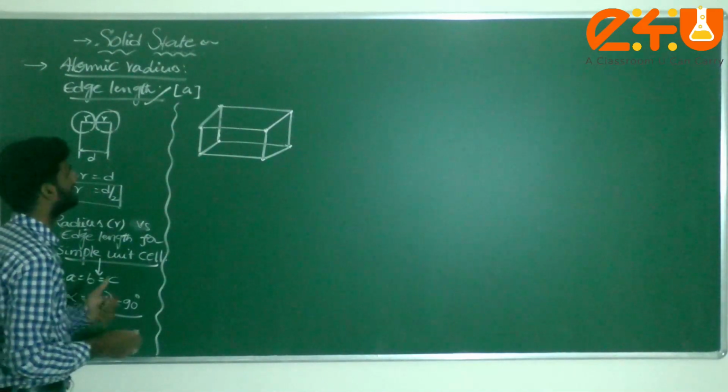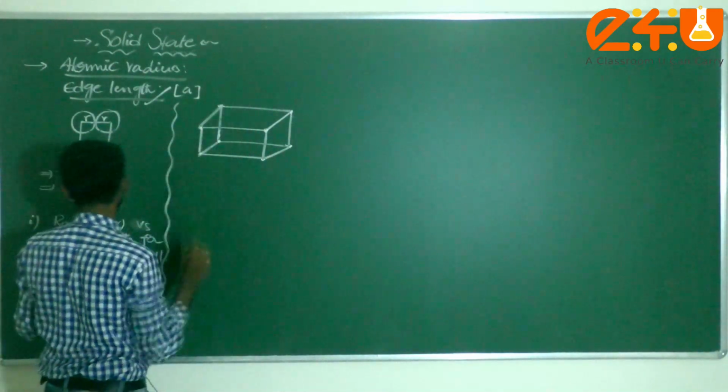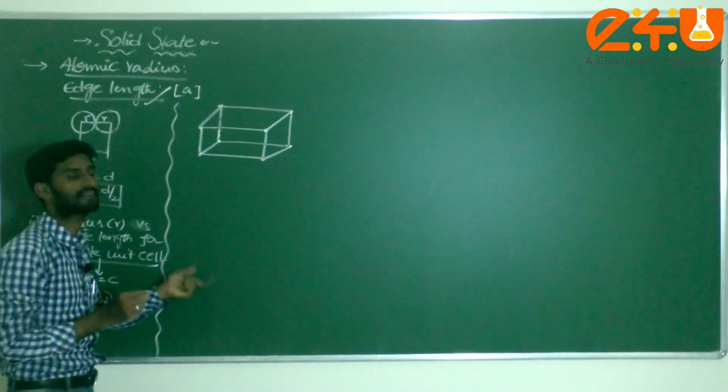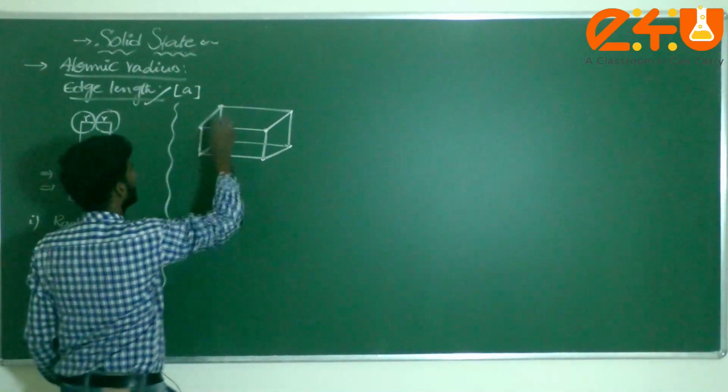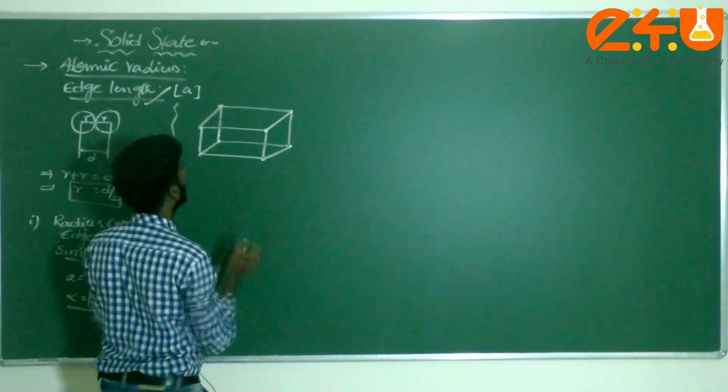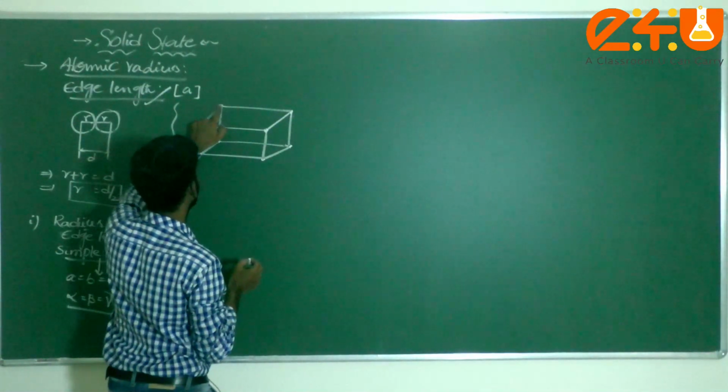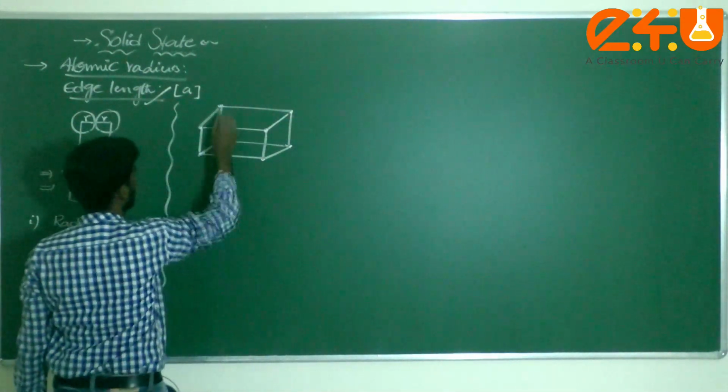All the atoms are present only at the corners. Now I can consider any two corners. This is one corner and this is another corner I am taking.